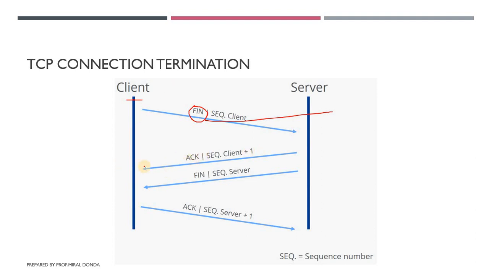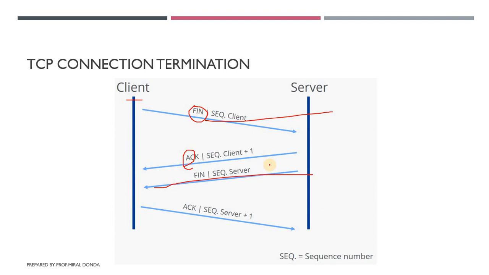Now the client received the acknowledgement. Also at that time the server sent the FIN segment. So in TCP termination, first the client sent the FIN segment for closing the connection. The server receives that, and sends, yes, I received your request for closing the connection, so it sent the acknowledgement.